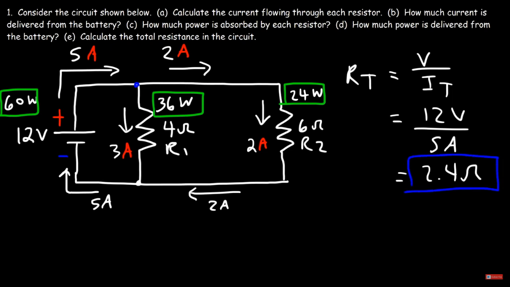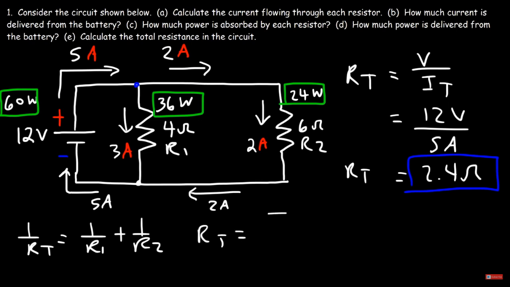Now we can use the formula to confirm this answer. For a parallel circuit, 1 over RT is equal to 1 over R1 plus 1 over R2. So if you raise both sides to the minus 1, total resistance becomes 1 over R1 plus 1 over R2, raised to the negative 1 power.